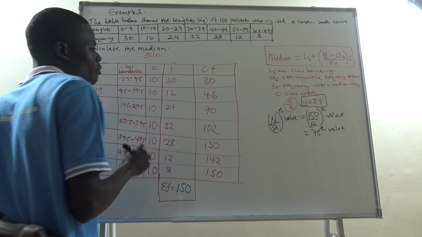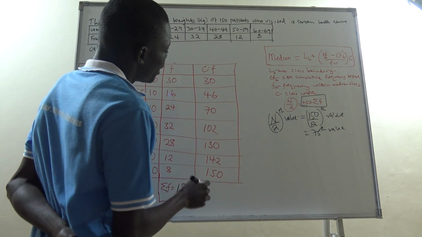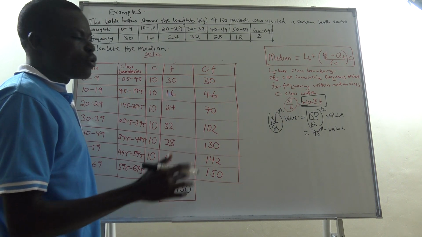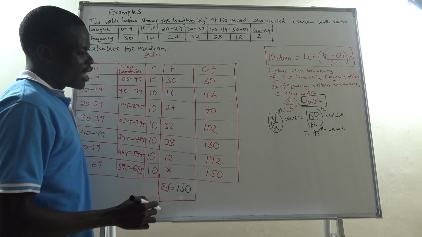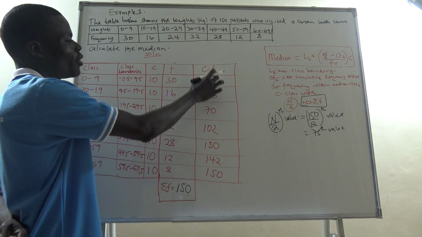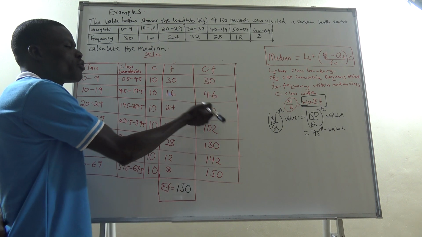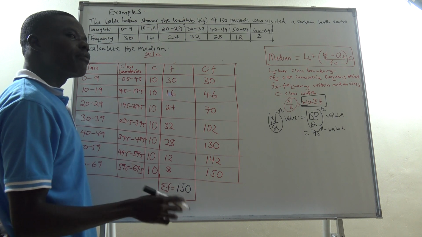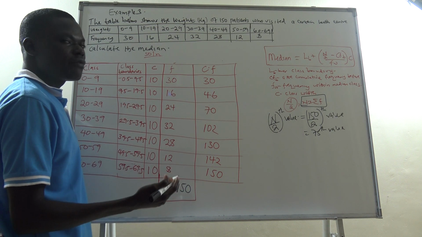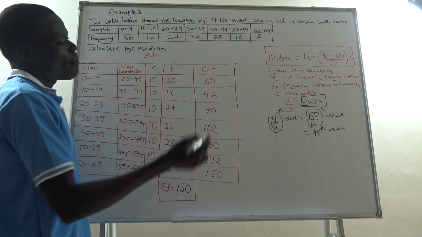You look for a value where you can put 75, it goes into that value, minus a remainder. So what is that value on the cumulative frequency? If you put 75, that value can only be the value itself, or the values above it.